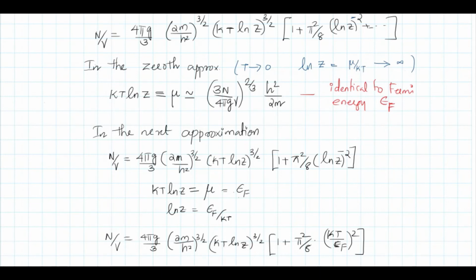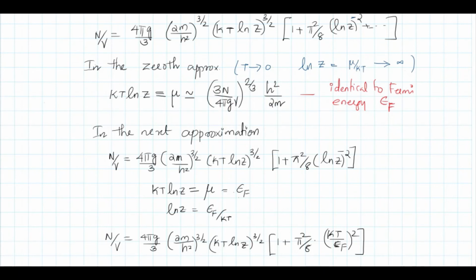Then you will get 3n by 4 pi g v raised to 2 by 3, and this becomes h square by 2m. This is nothing but the expression for Fermi energy. Okay, kT log z is actually the chemical potential, and we have already seen that at T equal to 0, the chemical potential is the Fermi energy. So this is exactly the same result. In the zeroth order approximation, you will get the same result we obtained earlier.